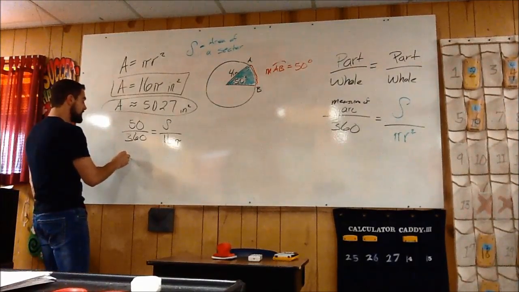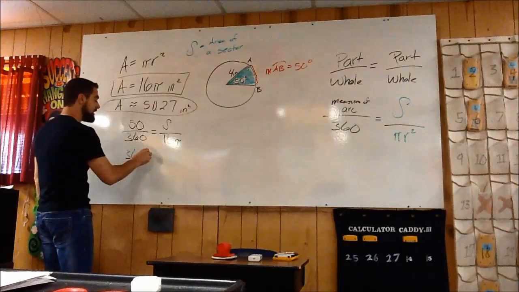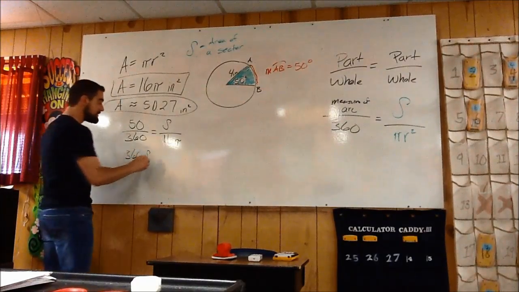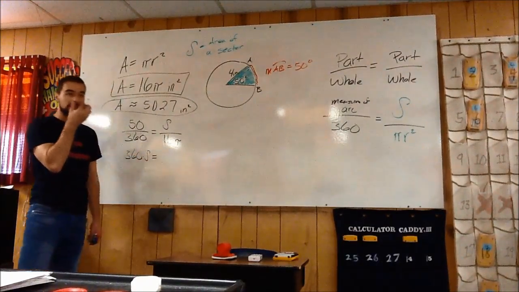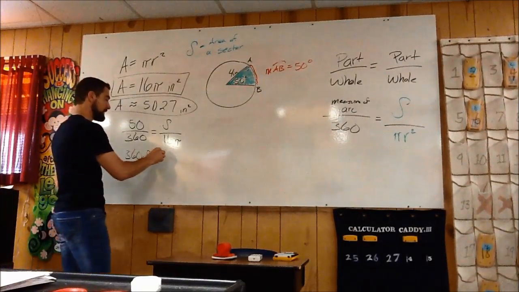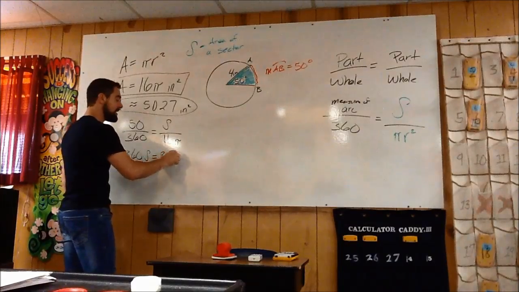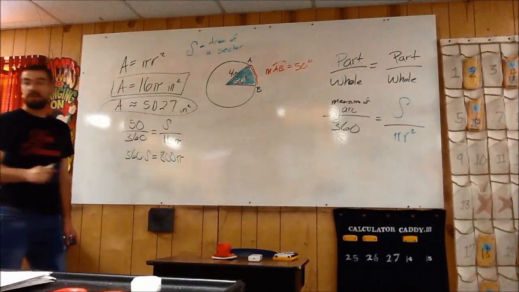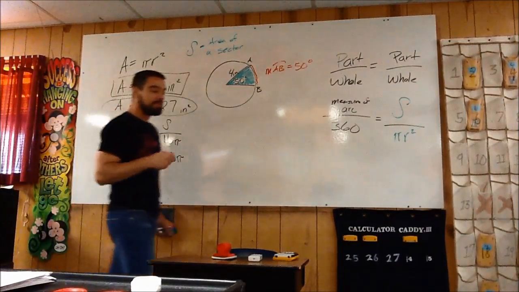Cross multiply. So I've got 360 times the area of my sector is equal to, what's my other product? 800 pi. We are not typing in pi yet.